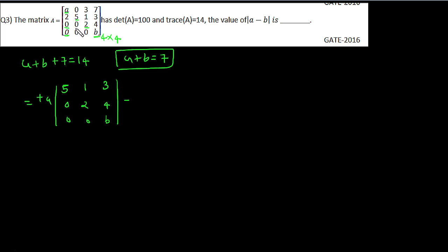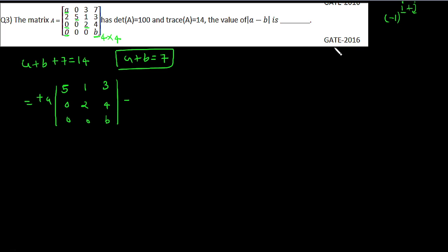For the second element, we put a negative in front, because remember the sign factor is minus 1 raised to i plus j, where i and j are the indices of the corresponding element whose minor we are finding.